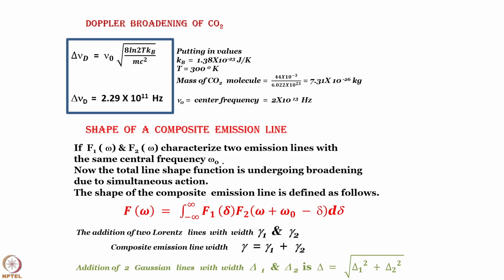Suppose the shape of a composite emission line, if one emission line is f1(omega) and the other one is f2(omega), these characterize two different emission lines with the same central frequency omega 0. Now, what would be the total line shape function? And of course, these are broadening due to this simultaneous action. So, two broadening effects happening simultaneously, how would I find the composite line?